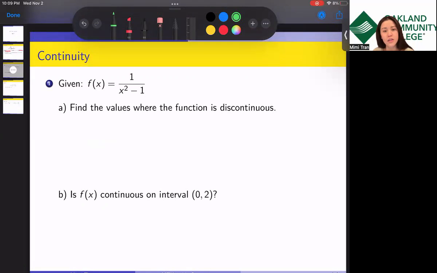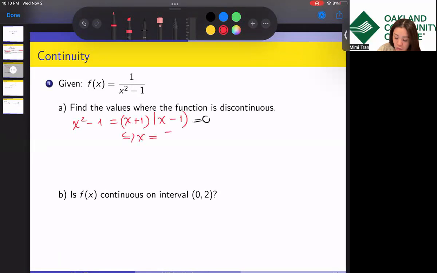If you don't know anything about calculus, and I ask you to find a value where the function is undefined, you can tell me that because this is a rational function, the points that make the function undefined are where the denominator is equal to 0, right? So you do x squared minus 1 equals x plus 1 times x minus 1, and then you set it equal to 0.